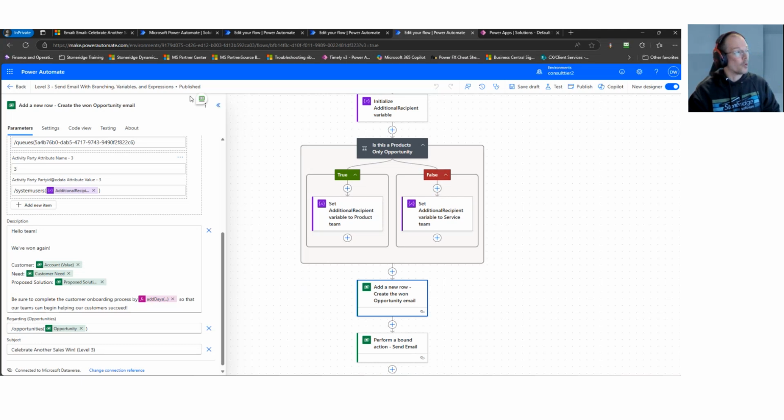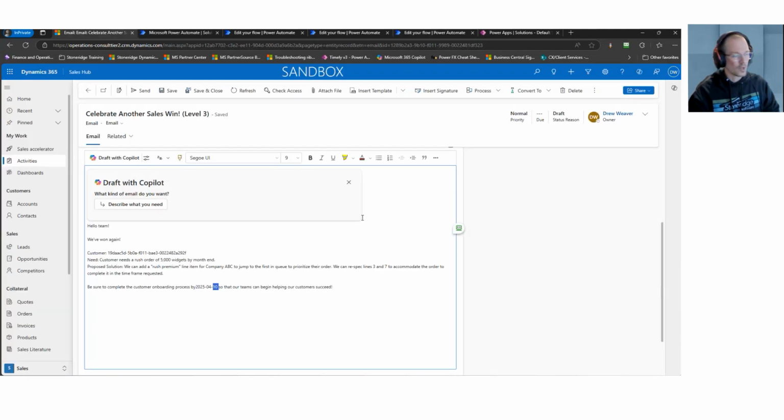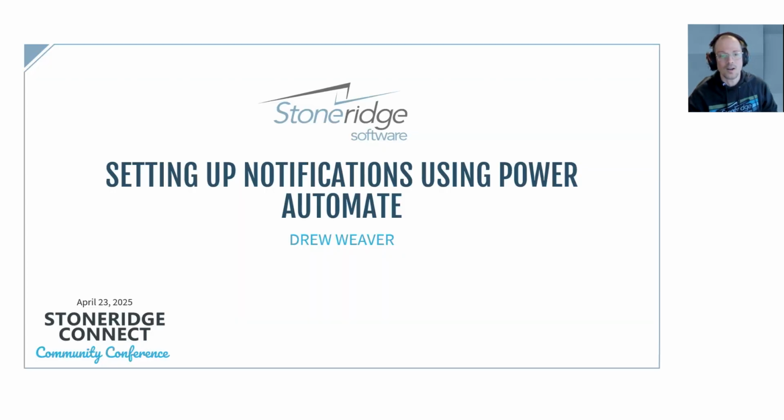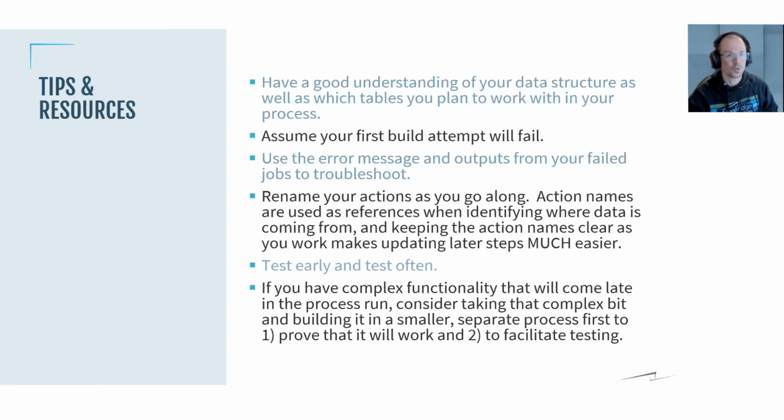Okay, so those are our 3 different levels of processes, and let's bring it home now and recap. Let's go back to our tips and resources piece here. Assume your first build attempt will fail.